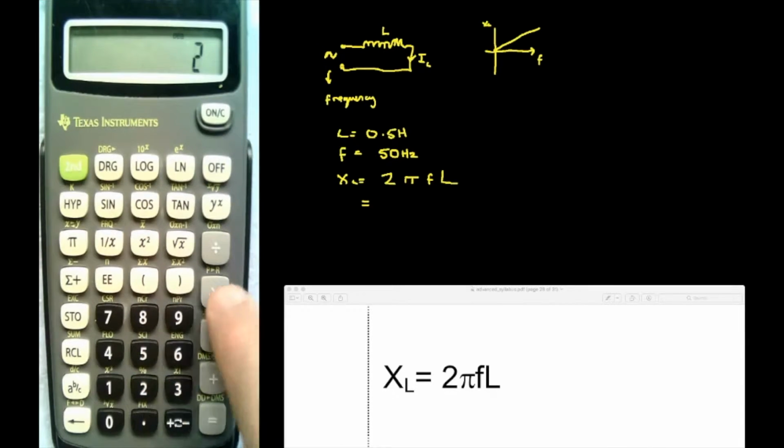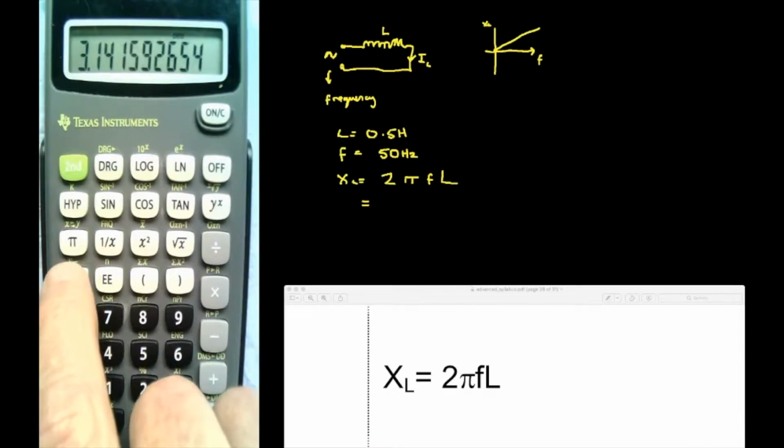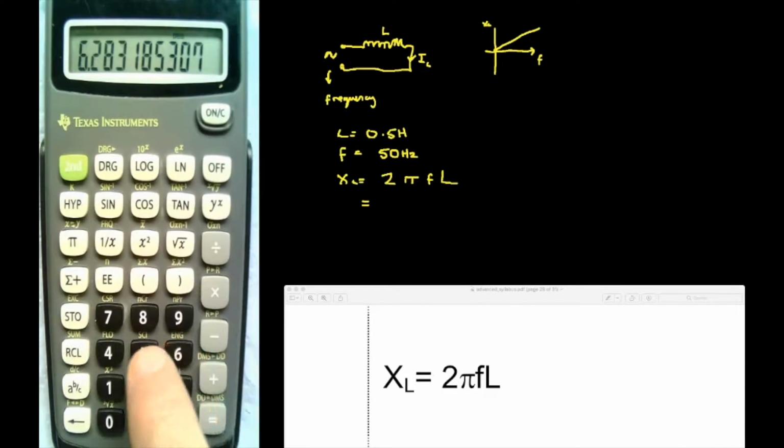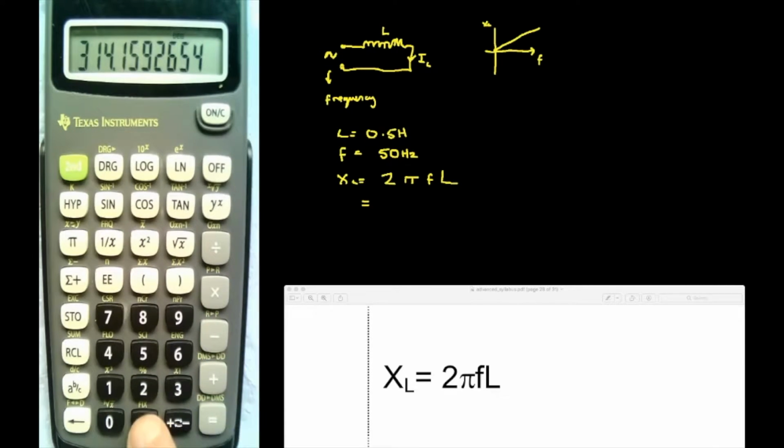So we'll say 2 times, and I can just use the pi button now, pi times f, which is 50, times 0.5, because it's already in fundamental units, is equal to 157 ohms, because inductive reactance is in ohms. So that's 157 ohms.